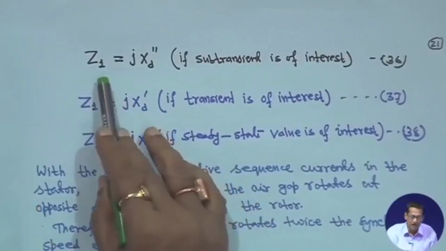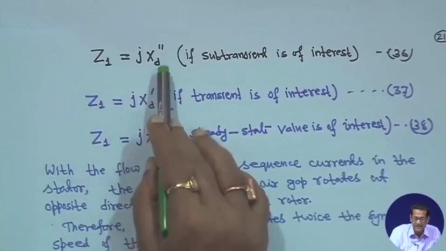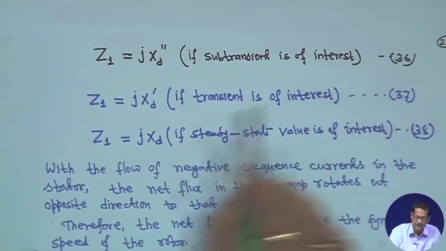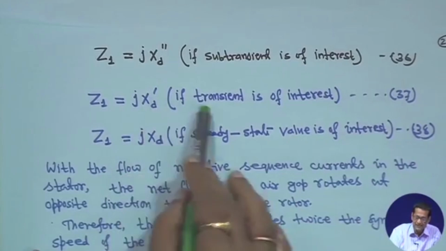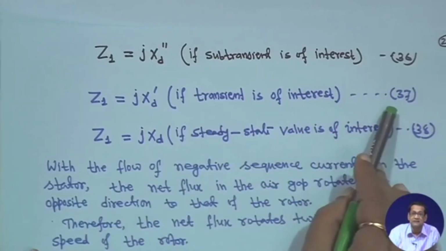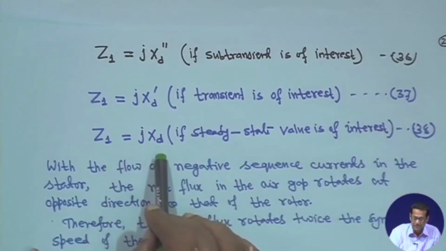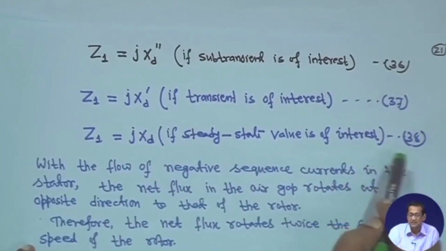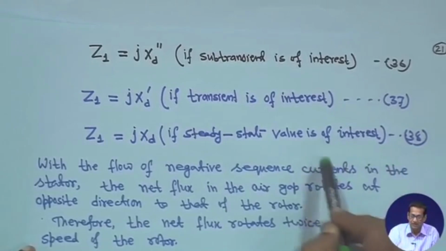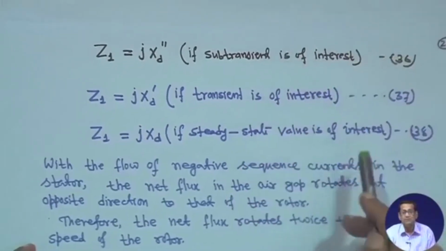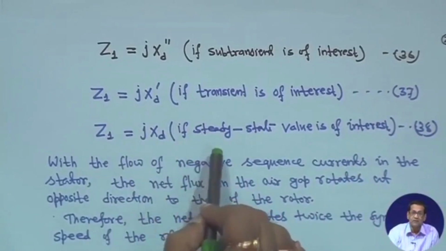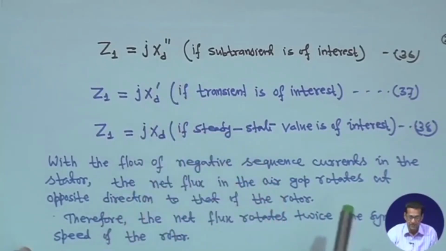Z1 can be written as jXd double dash if subtransient is of interest, this is equation 36. Z1 is equal to jXd dash if transient is of interest, equation 37, and Z1 is equal to jXd if the steady state value is of interest, equation 38. So, depending on your problem statement, whatever will be asked, accordingly you have to take these values.